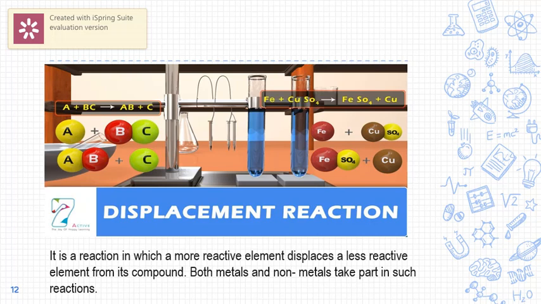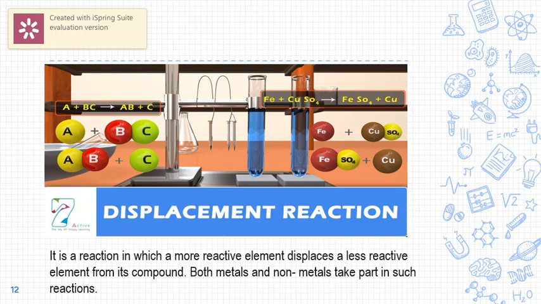This can be clearly seen in the laboratory. The color of iron is blackish brown, whereas the color of copper sulfate solution is blue. If the blackish brown iron powder or iron strip is dipped in the blue copper sulfate, after some time you will notice that the blue color of copper sulfate starts diminishing slowly, and at the same time a light green color of ferrous sulfate starts forming in the test tube, indicating that the reaction is happening.